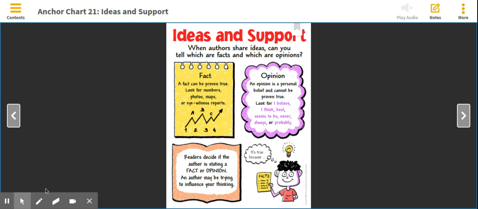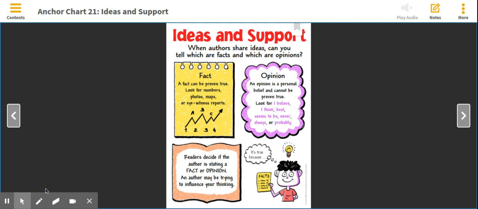So let's look at the anchor chart that I have on the screen. If we look up at the top, it tells you that when an author shares his ideas, you can tell which of his ideas would be facts or opinions.